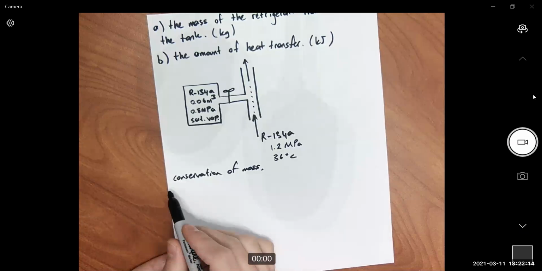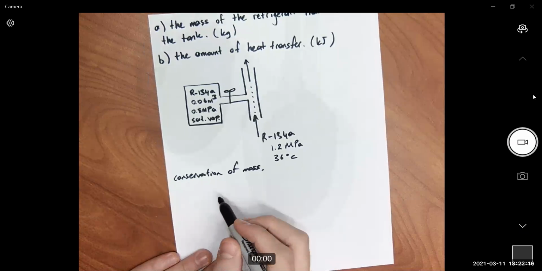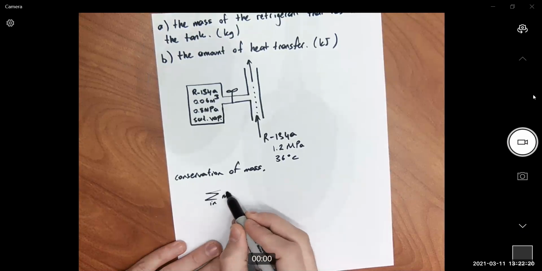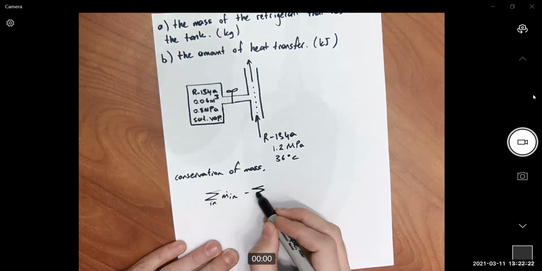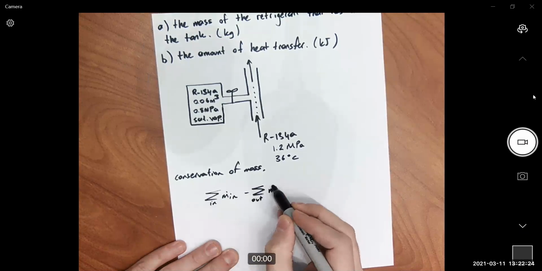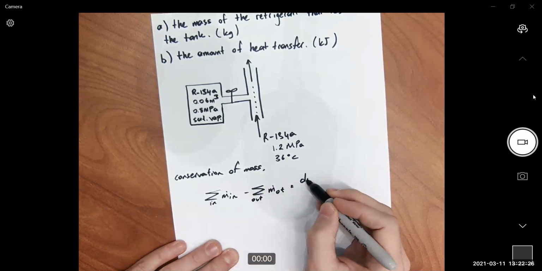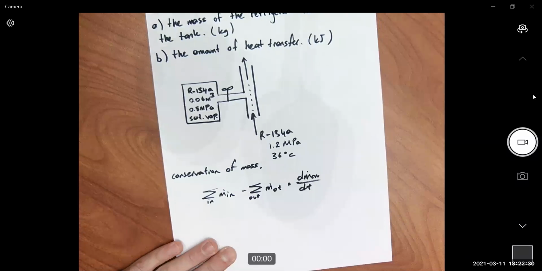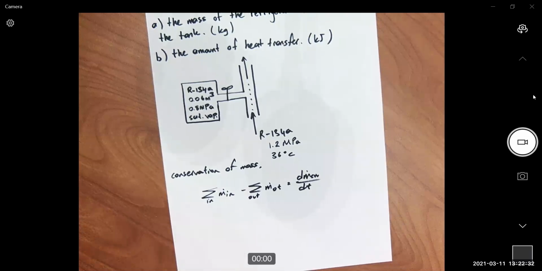All right, from conservation of mass: summation of m in minus summation of m out equals the accumulation in the system. I have an accumulation here, it's not zero.